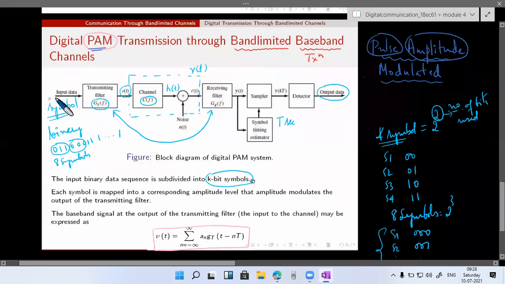So every message symbol over here will be mapped onto a specific amplitude level. Because it's pulse amplitude modulation, we'll be varying the amplitude of these pulses.